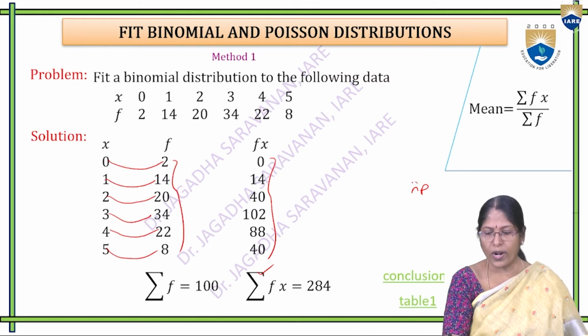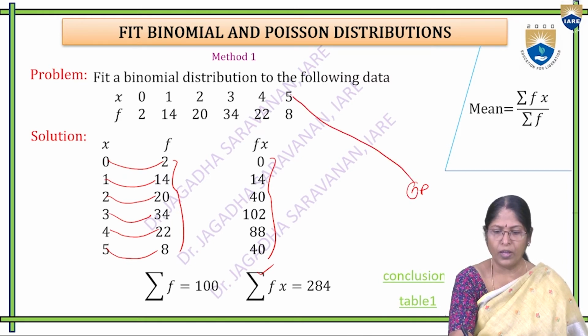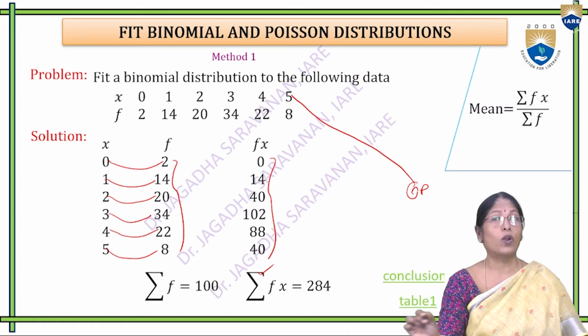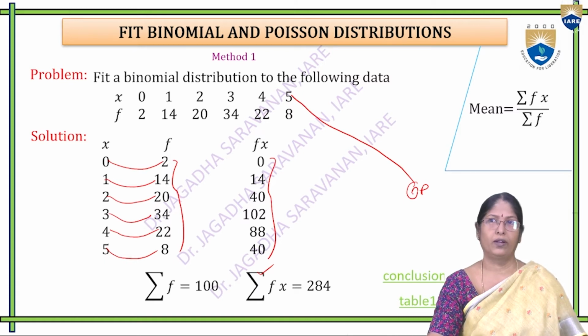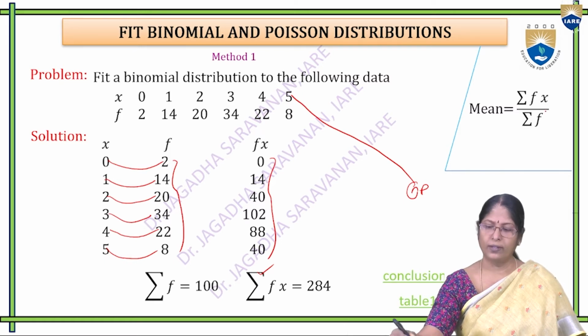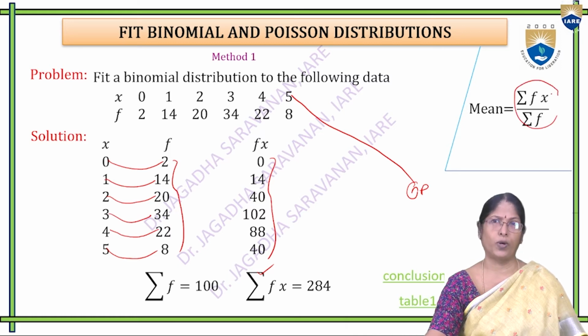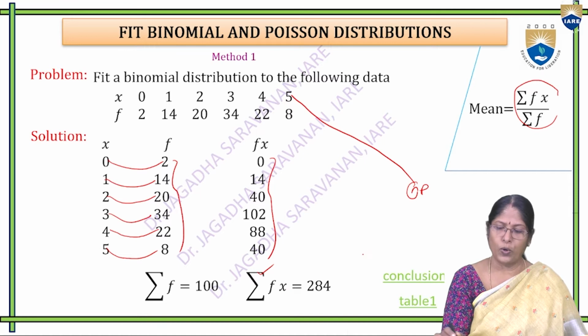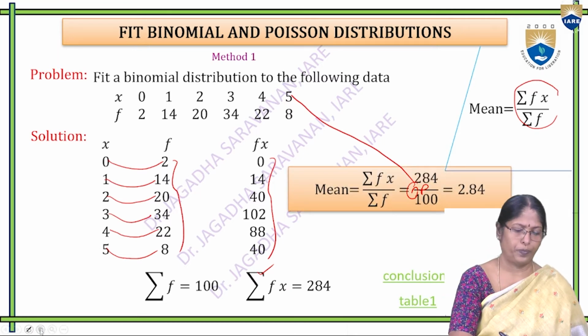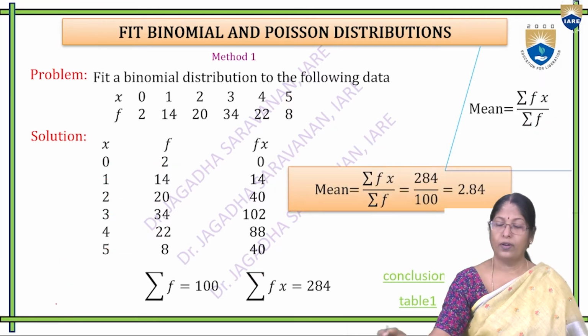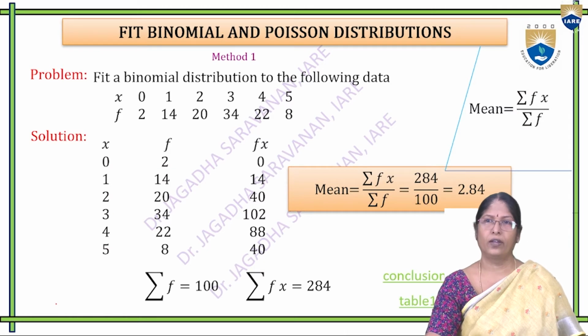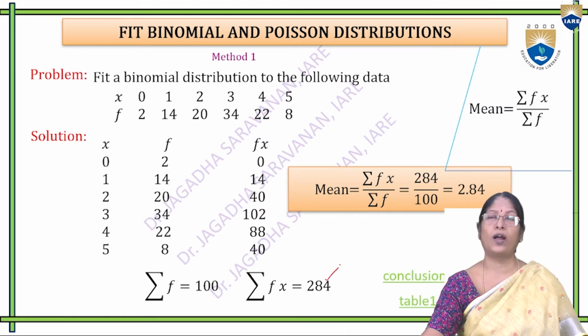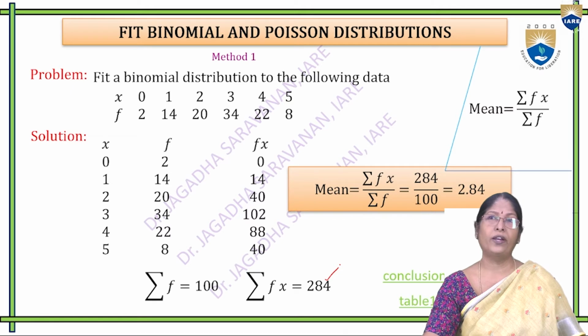In this we know only n from the given question; we don't know the value of P. So from the mean, with the help of this simple formula, we obtained summation fx, 284, divided by 100, which equals 2.84.